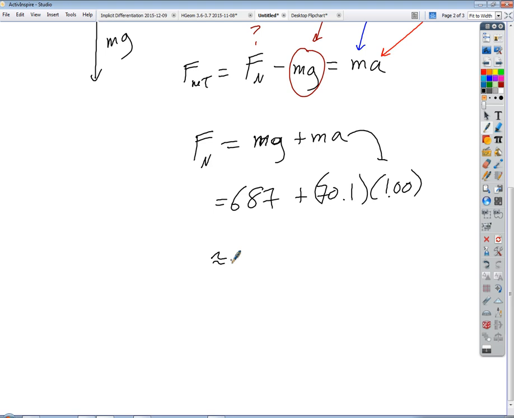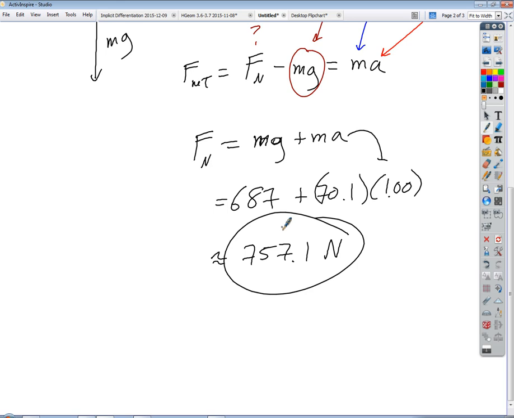So that's equal to what if I just plug that in my calculator? 757.1? What should the units be for force? Newtons. Yeah. So that's what the scale's going to read.